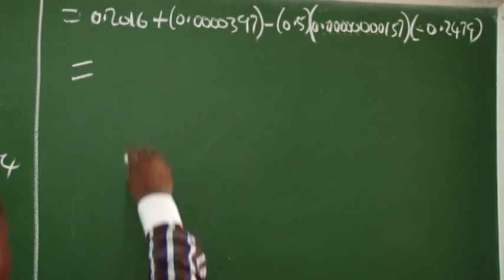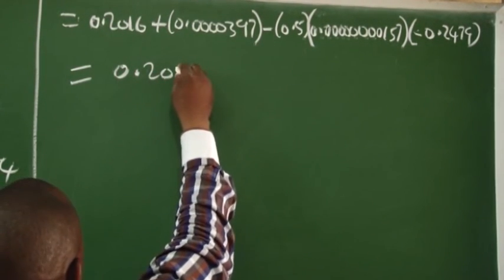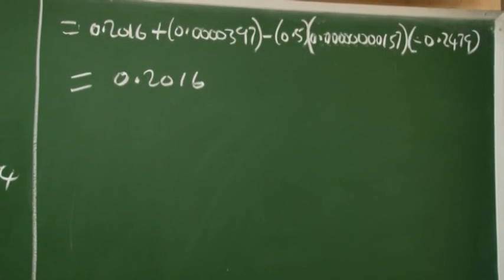And this gives us 0.2016. Yes, look at that, 4 decimal places.